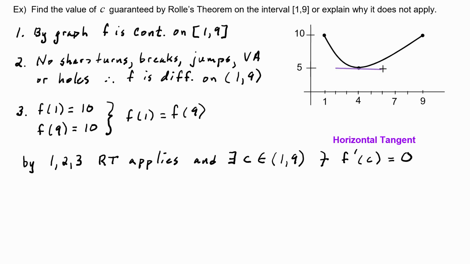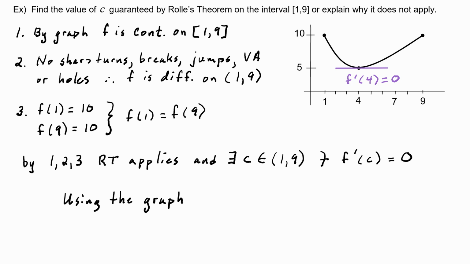And we can see by the graph that there is a horizontal tangent right here at x equals 4. So using the graph, c is equal to 4. So we were able to find the x value where the derivative was equal to 0.